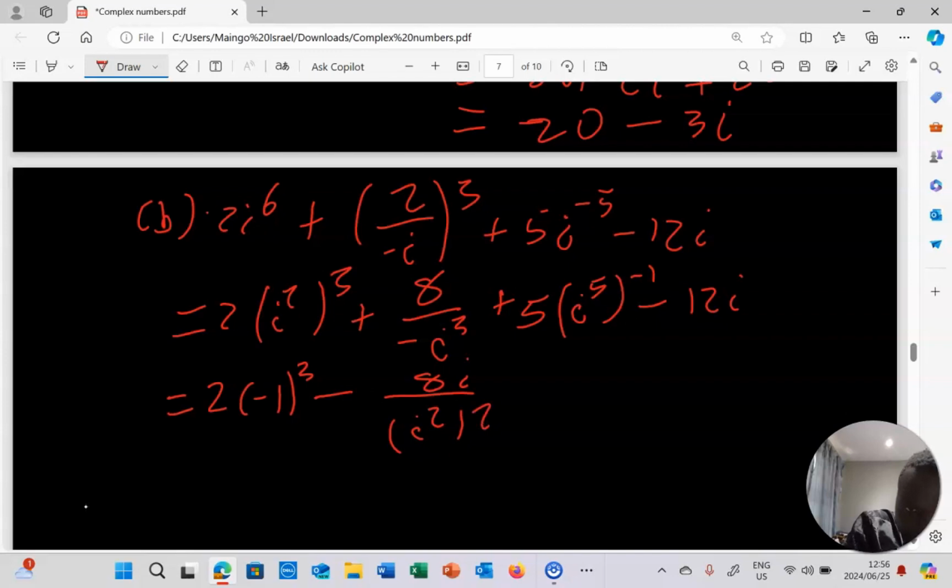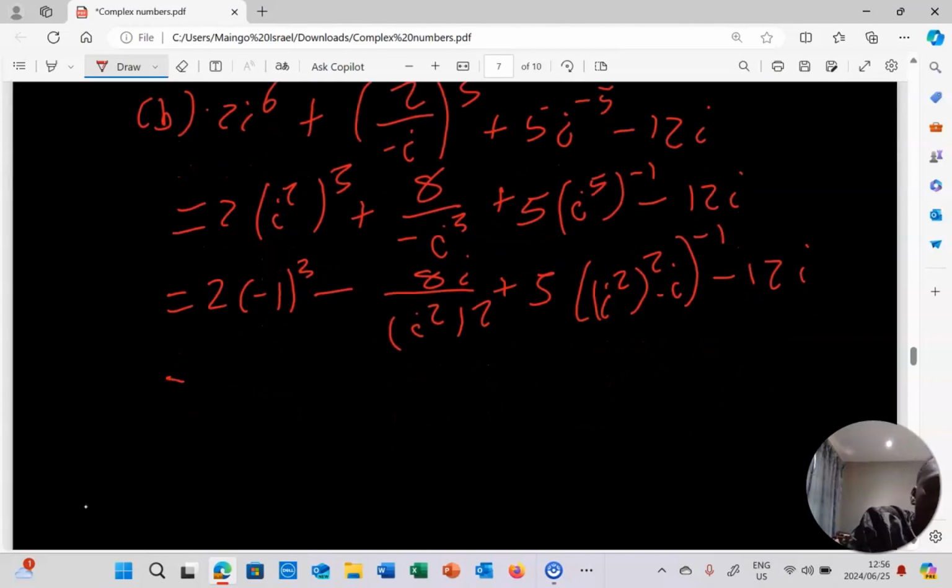Because when you multiply this by i, it becomes i to the power 4, whose factors are 2 and 2, so it can be written as i to the power 2 all to the power 2. So this will just be plus 5 i to the power 4, which can be written as i to the power 2 all to the power 2 times i to the power -1 here, then minus 12i.